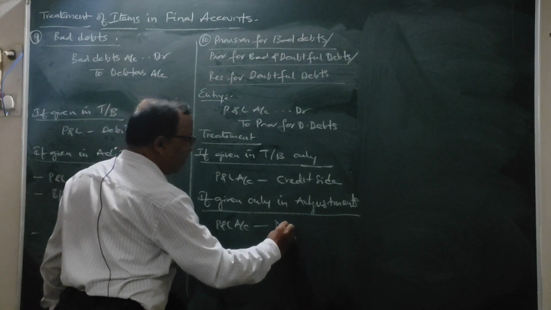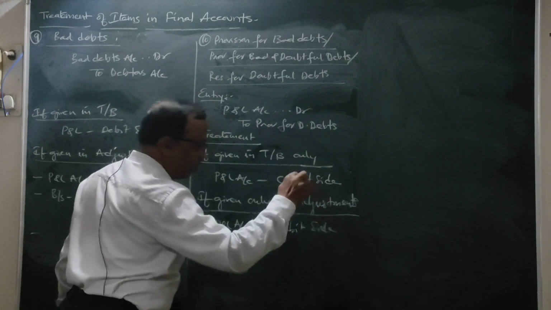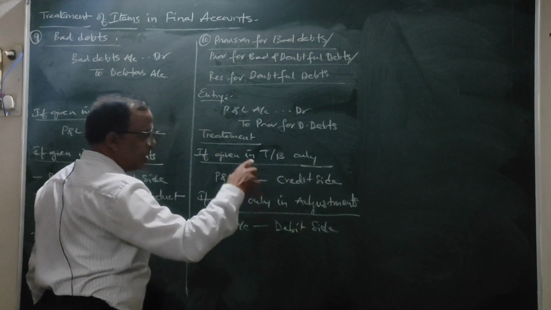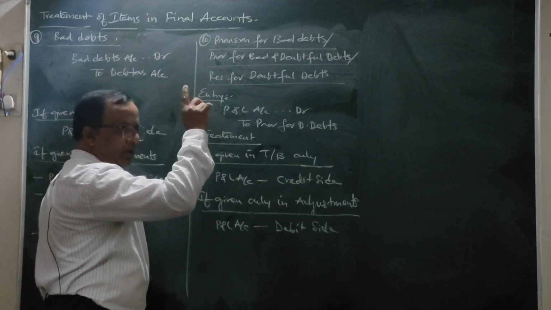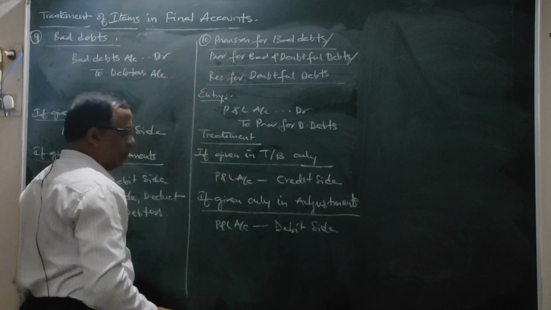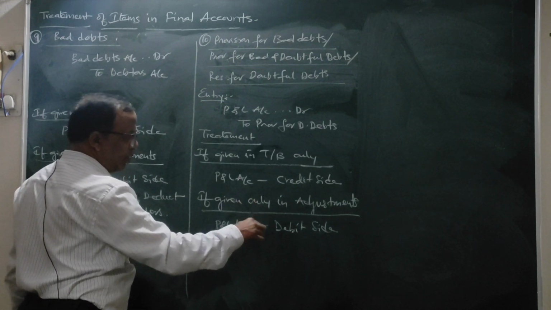You are going to debit it because this is the provision you are creating now when you are doing the final accounts. Whereas if he has given it in the trial balance, this provision was created last year, not in the current year. So this is the one which you are creating now at present.